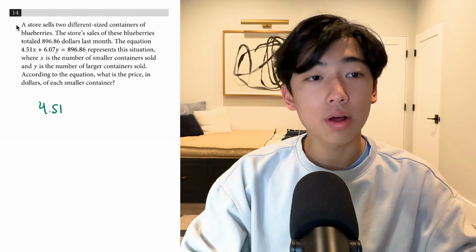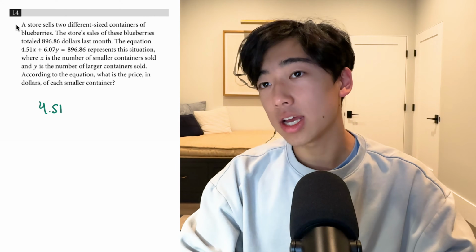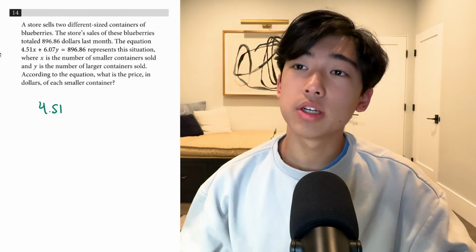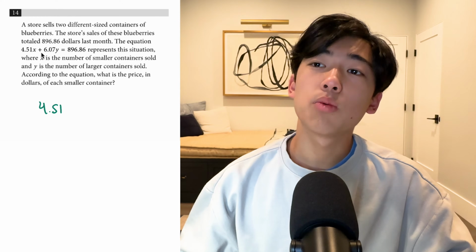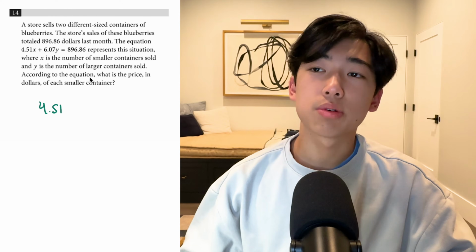And the total profit or revenue or sales was $896.86. So it's creating this equation where we're saying x times blank plus y times blank equals this. And it's asking what is the price.